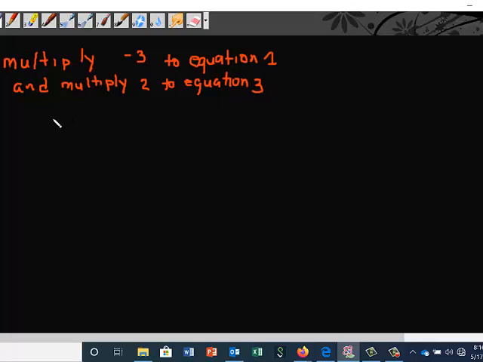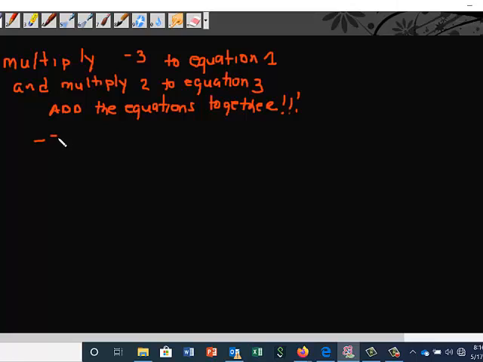And add the equations together. Okay, everybody see that? So let's do that right now.